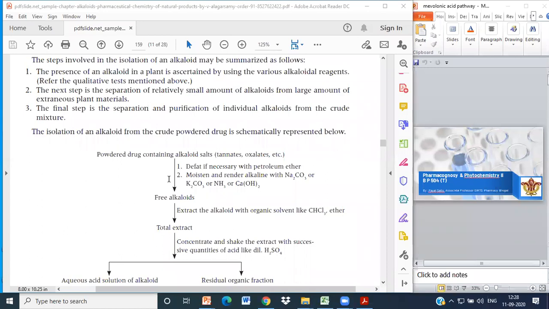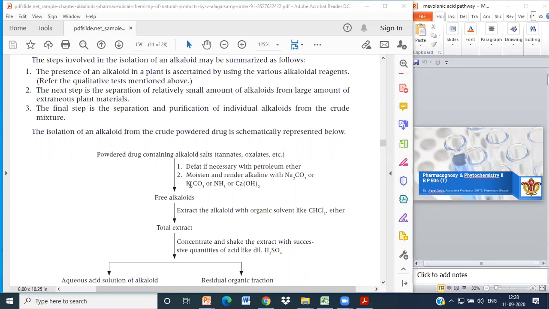The solvent evaporates, gets condensed, and drops on the drug. The extract then comes through the siphon tube into the round bottom flask. This is done until we get a transparent extract.